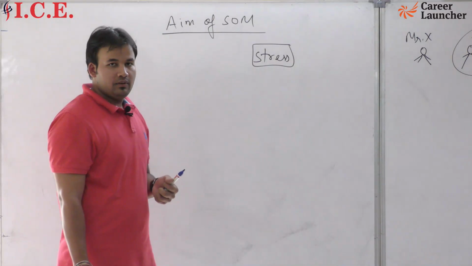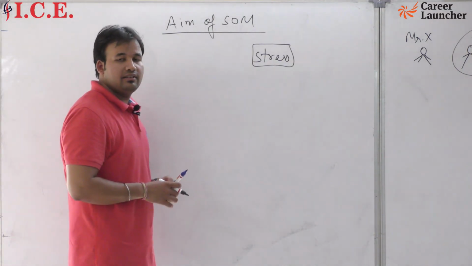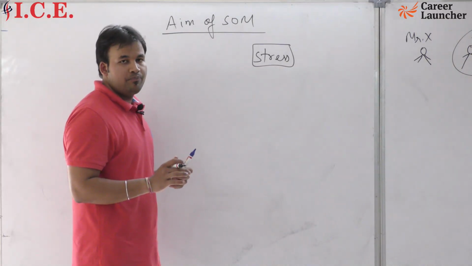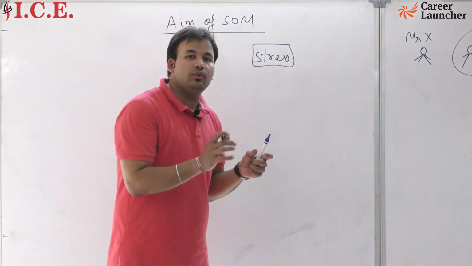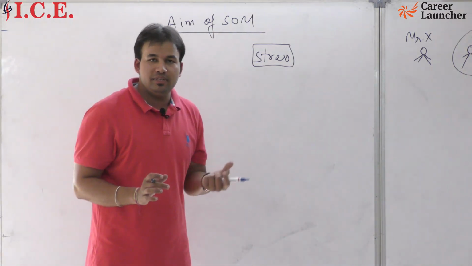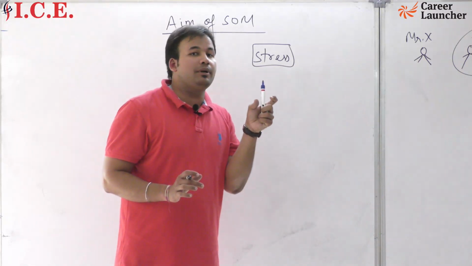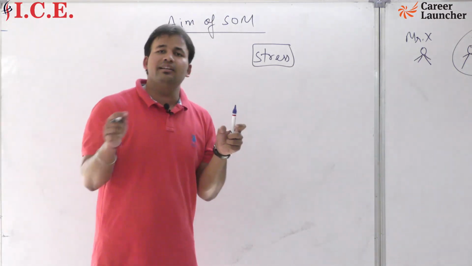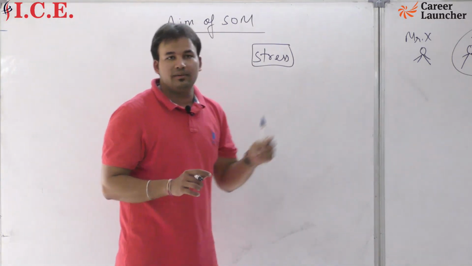Fine? Okay. So if I talk about the stress, then I'll say that stress means internal resisting force applied on a particular area. Stress means internal resisting force applied on a particular area. Why internal resisting? That we have discussed with Mr. X, Y and Khali.